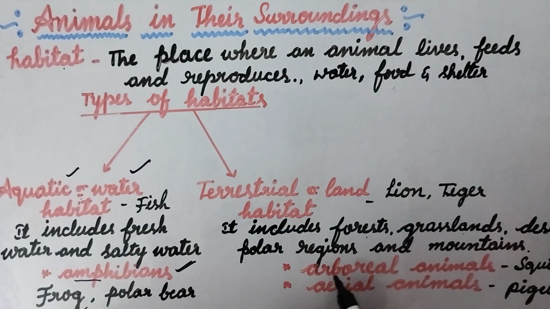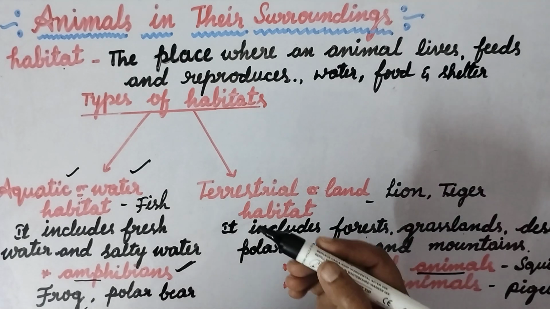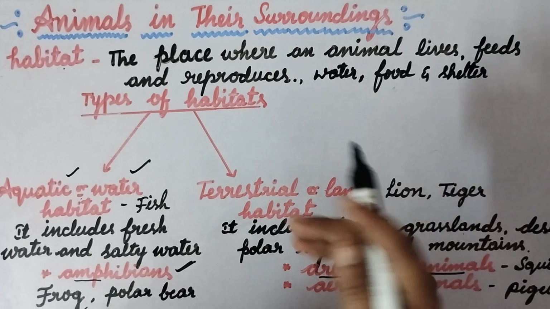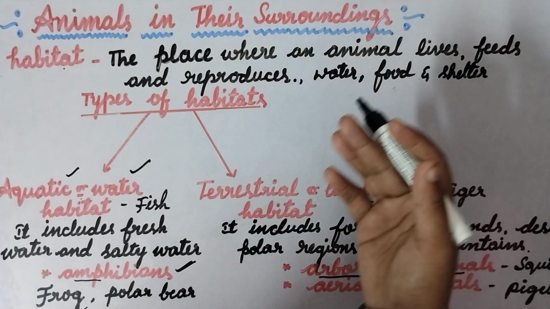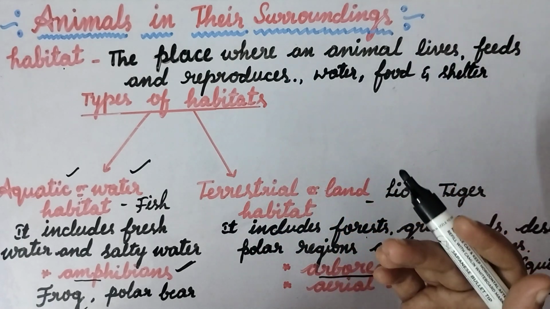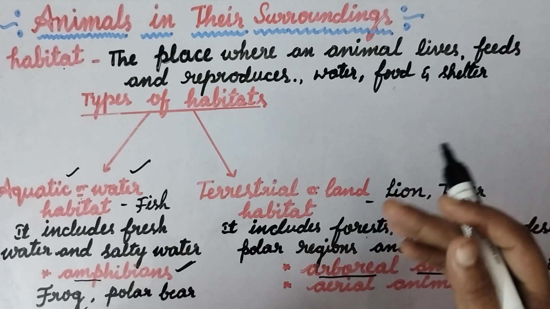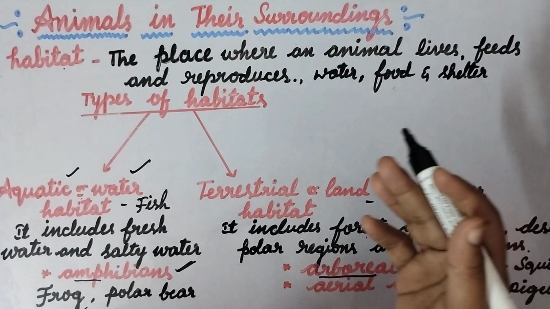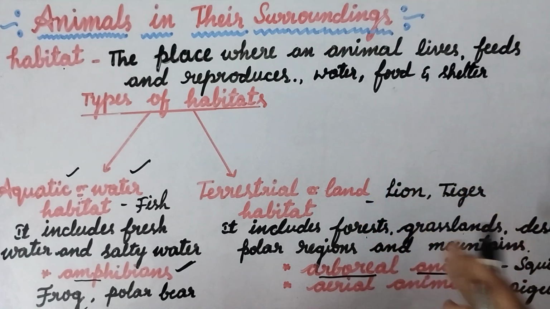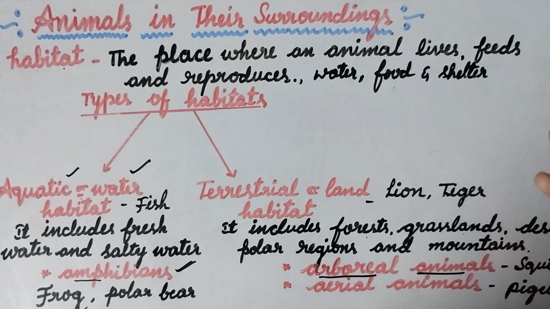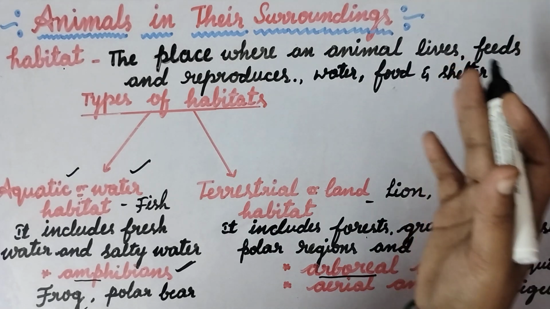Then I have written another word: arboreal animals. Some animals mostly live on trees, and their life depends mostly on trees.